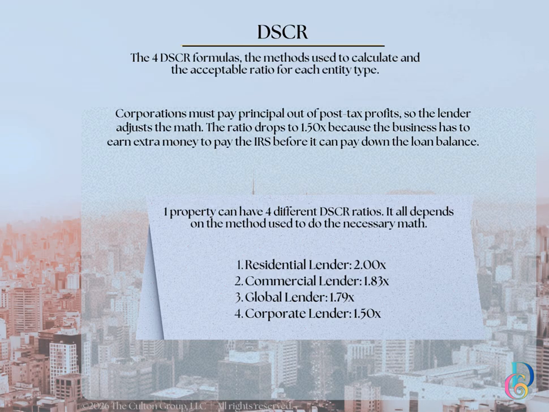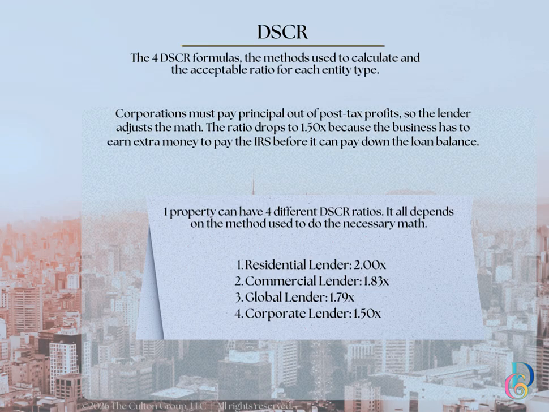That's cute. Don't you think that's cute? We have to make an adjustment here in our calculations because you have to pay the IRS first. So we're going to play with this a little bit so you can pay them and then you can pay your loan balance. Okay. That's how one property can have 4 different DSCR ratios.